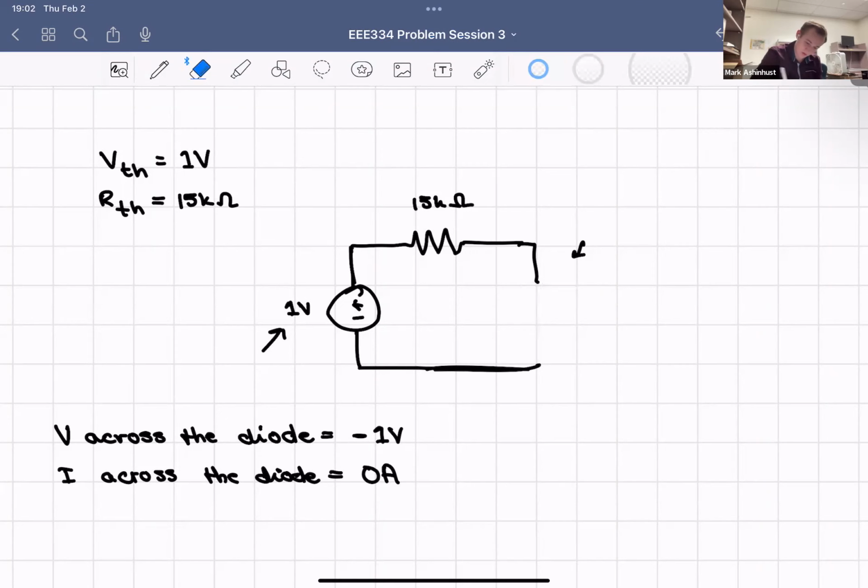The diode wouldn't be there. There's no current. It's open. So you can and you will have a voltage, right? We know that's -1 volt, but it's open, so there's no current. So that's what would happen for this answer. This is different, interesting, kind of a tricky little thing going on.